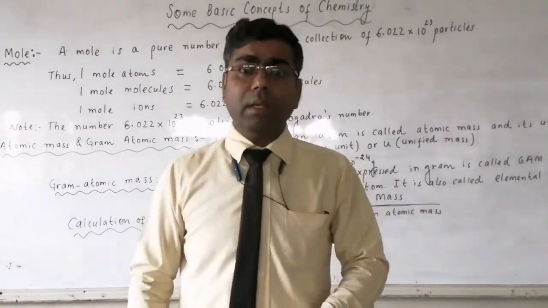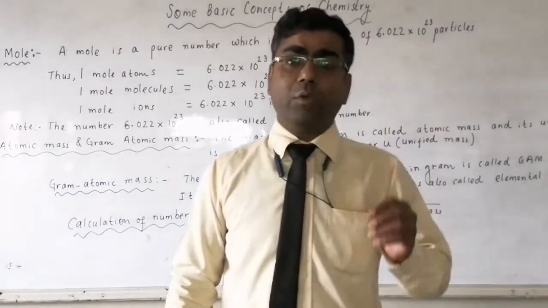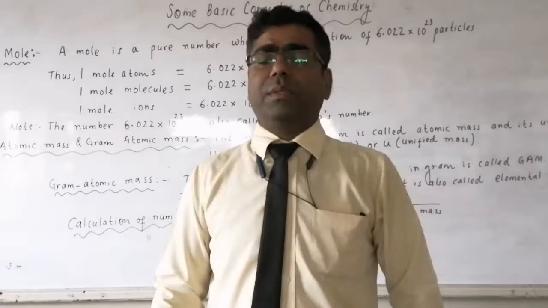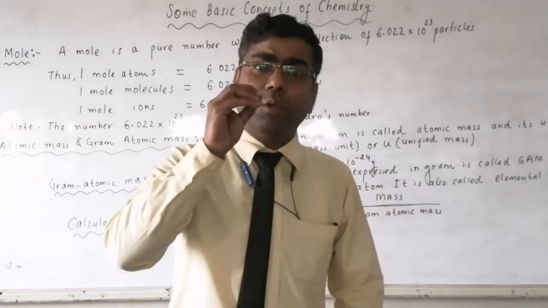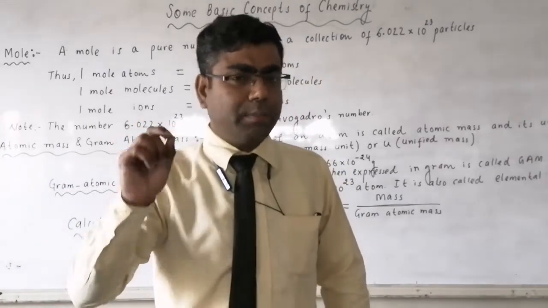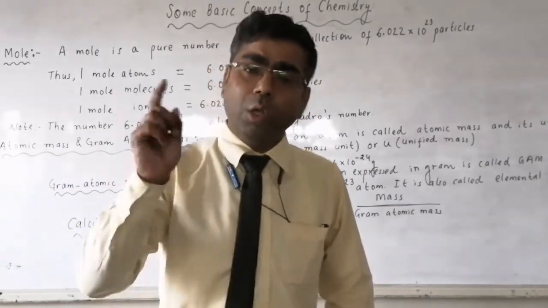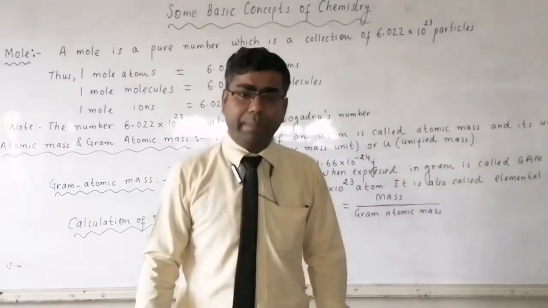For this conversion, we will require a collection of 6.022 × 10^23 carbon atoms. Each carbon atom has a mass of 12 AMU, or 12 × 1.66 × 10^-24 gram.